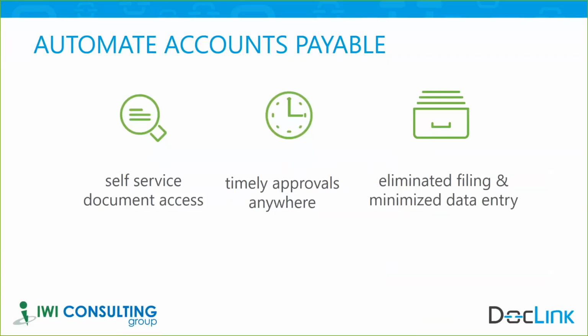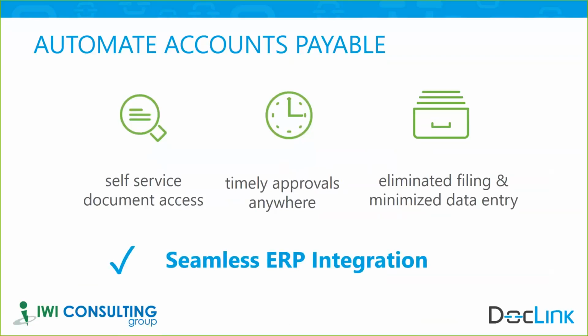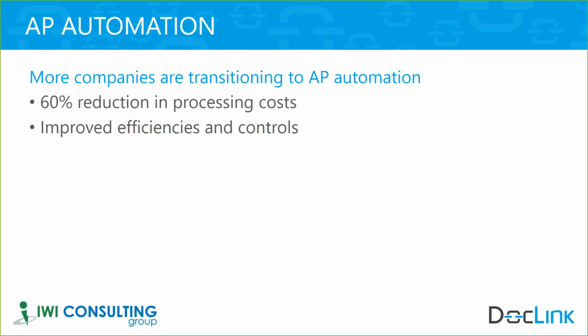by 50 to 70%, or even more, depending on the level of automation that you would have. And lastly, ultimately, this contributes to a huge win with a seamless integration to the ERP system. And this is very important. DocLink is the Sage-endorsed document management solution where all the data you file in DocLink flows seamlessly, without double entry, to the ERP system.